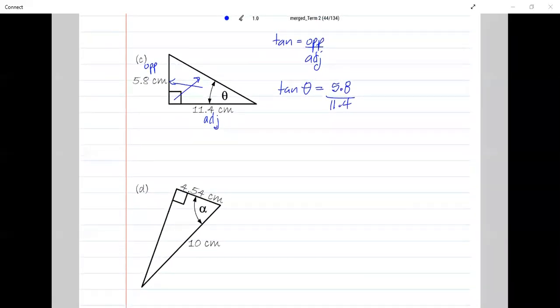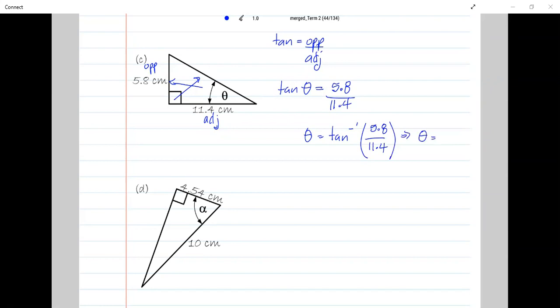And so if I know the tangent of an angle, to find the angle, I'm going to use tan inverse. So theta is equal to tan inverse of 5.8 over 11.4. I'm going to put this in my calculator and press equal.